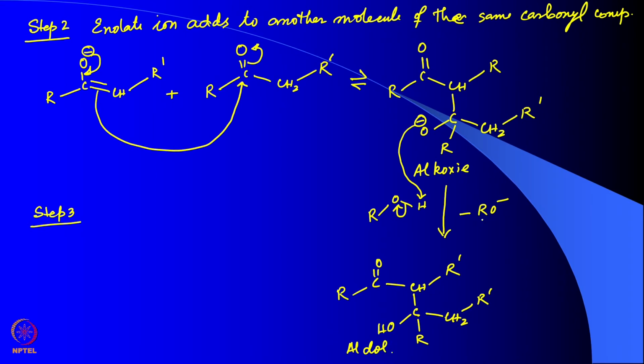And it releases this RO minus, which is the corresponding base, which then continues the reaction further and reacts with a further molecule of the carbonyl compound that we started with. So, this reaction continues with a very small catalytic amount of the base and proceeds towards formation of aldol. But remember, all these steps are technically reversible, and hence you always get a 50% yield at the end of an aldol condensation reaction.